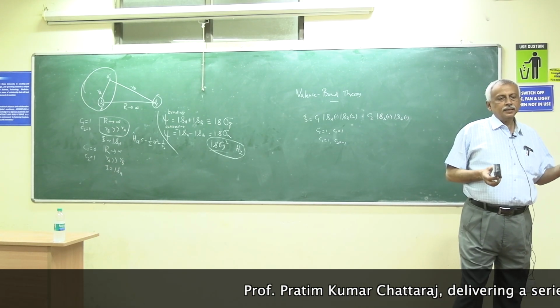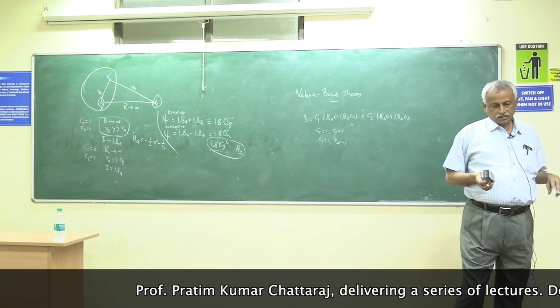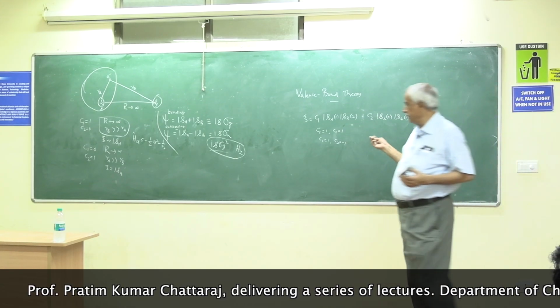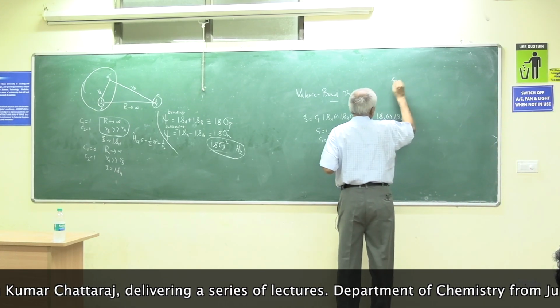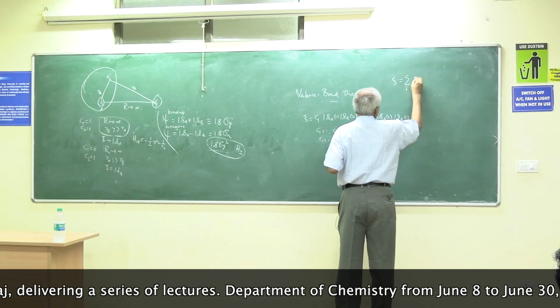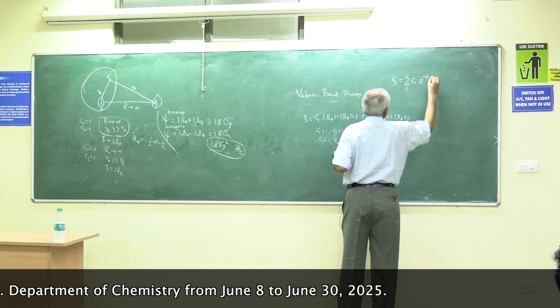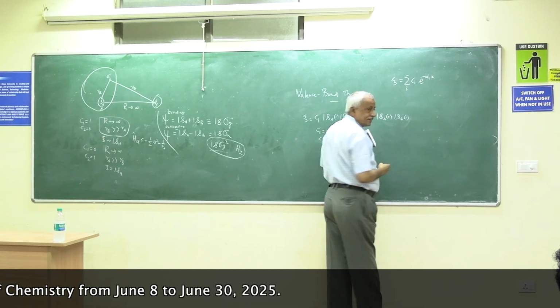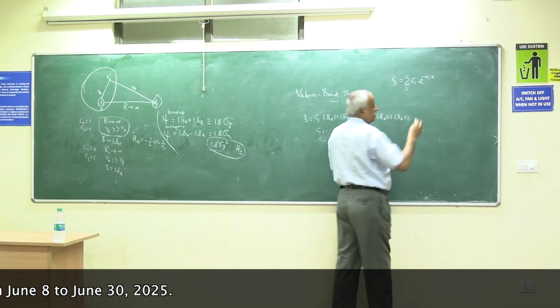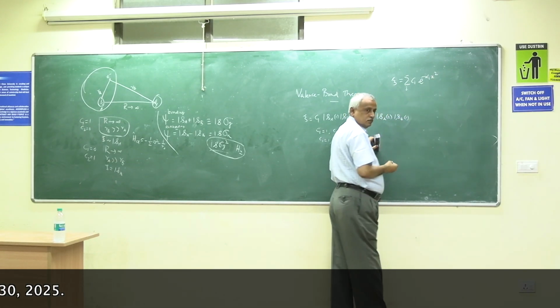But in general, as I told you, you write it like this. And sometimes you can do this also. Your xi is, let's say, sum over i Ci e to the power minus alpha i x or x square. If they are x, they are Slater orbitals. If x square, they are Gaussian orbitals.